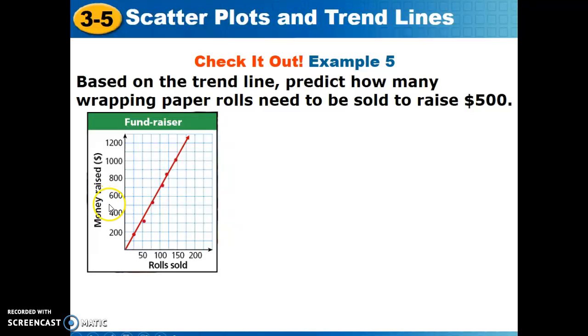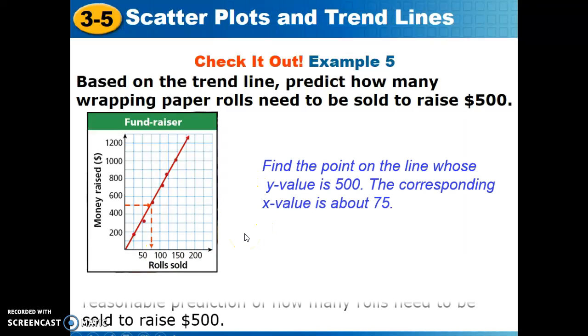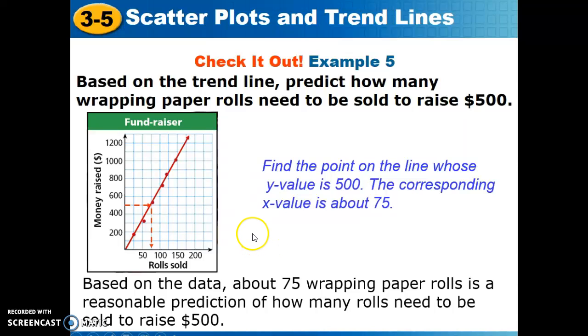So go to the y-axis, money raised, 500. Move over to the graph. Find your line of your function, your scatter plot, and move down to rolls sold. Halfway in between 50 and 100 should be 75 rolls. Based on the data, 75 wrapping paper rolls is a reasonable prediction for raising $500.